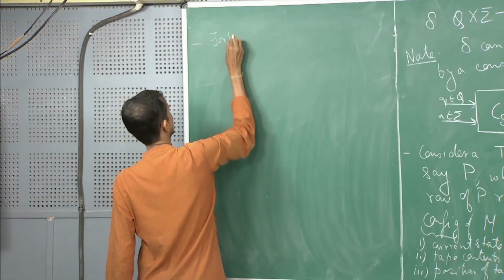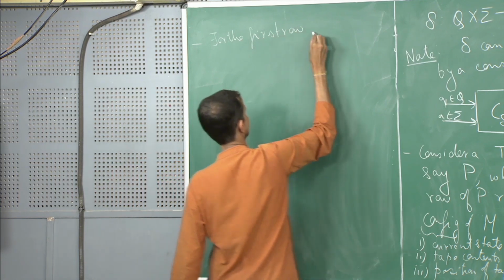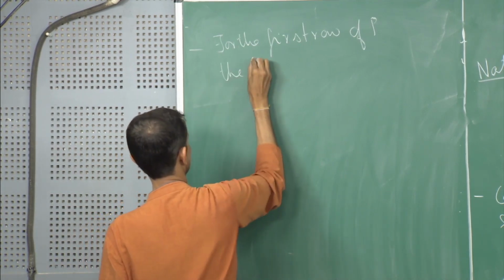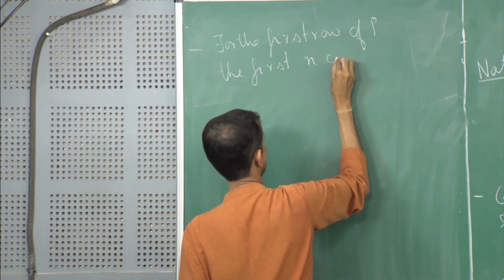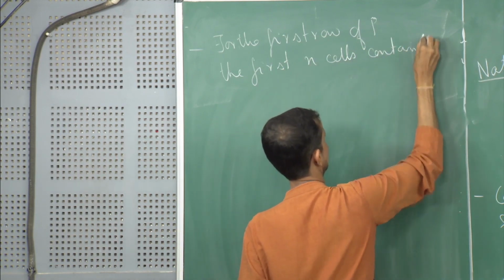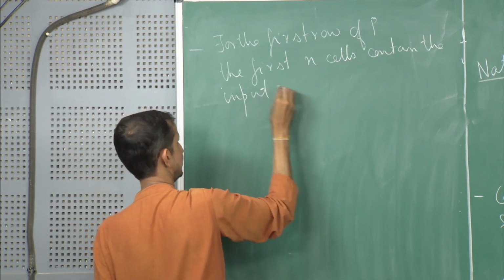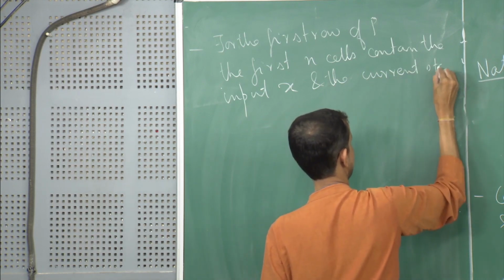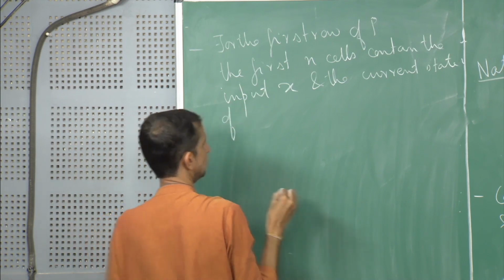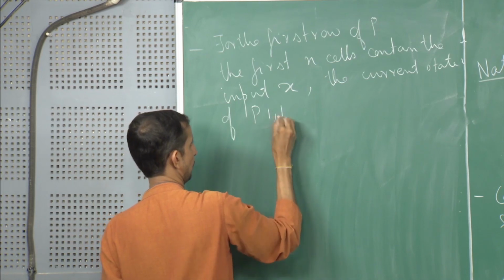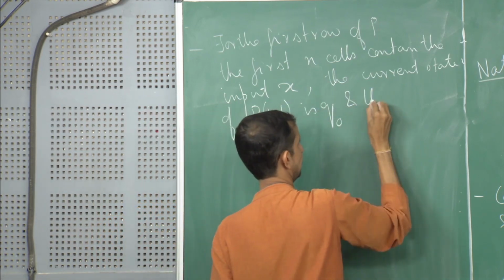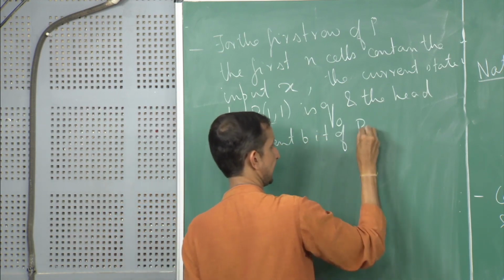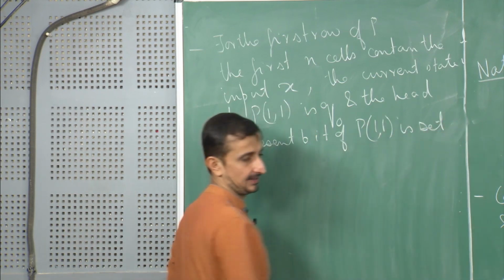So, for the first row of P, the first n cells contain the input x and the current state of P(1,1) is Q0 and the head present bit of again P(1,1) is set, everything else is set to false.